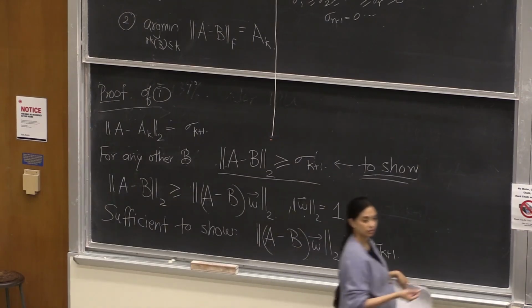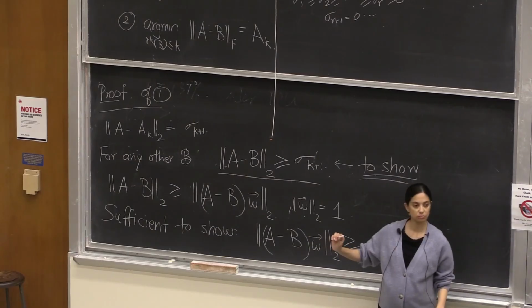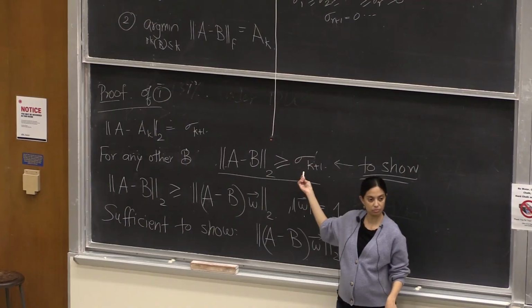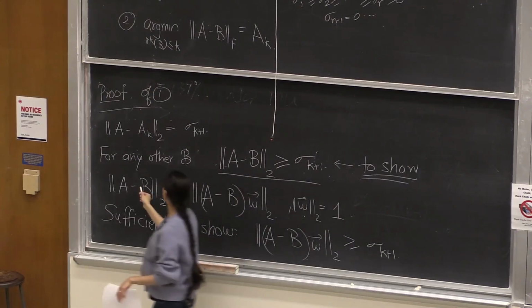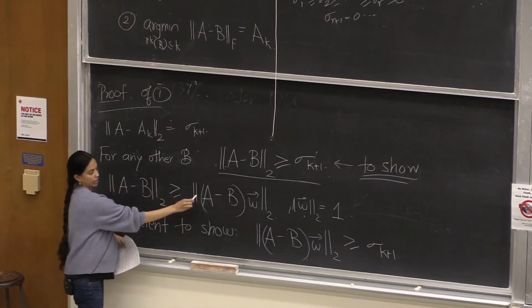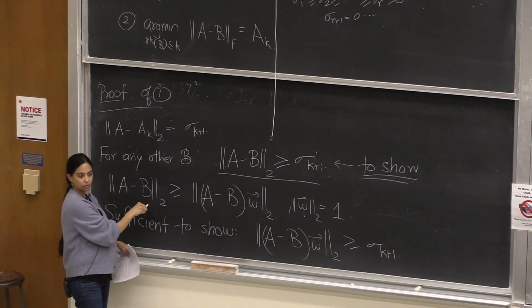Yes, question. Sorry, why? Okay, think about it. What do we want to show? We want to show this is true. Now I already know that this is greater than this thing. If this is greater than sigma k plus 1, can this be any smaller than sigma k plus 1?